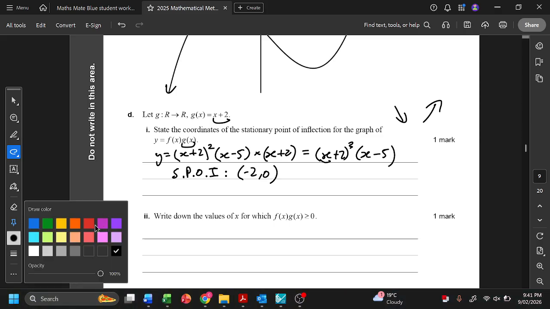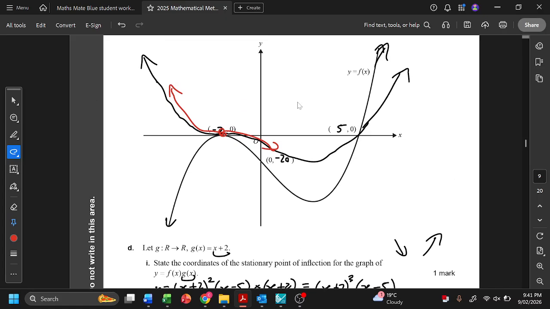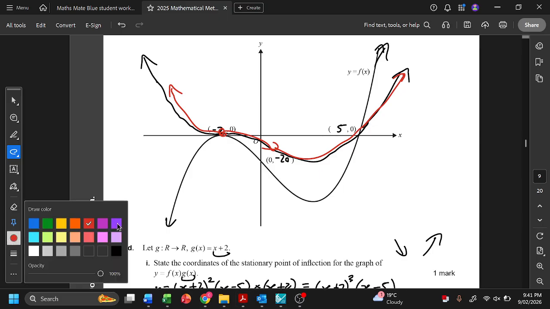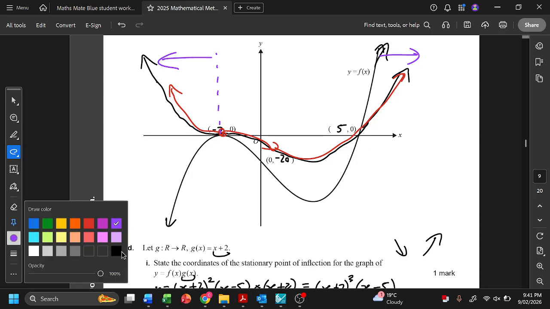So if we have a look at this drawing that I've done up here, we can see that this function is going to be greater than or equal to 0 for all of the values of x below this point here. That red line is above the x-axis, so everywhere over here, and also for all of the values of x that are above this point over here. So how do we describe that?